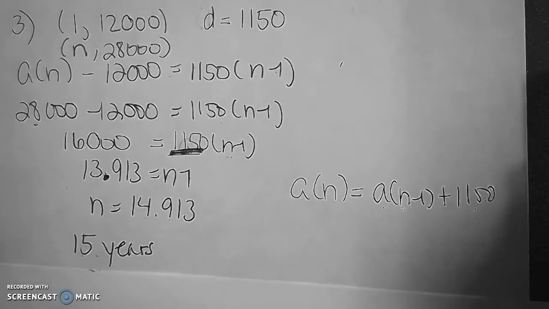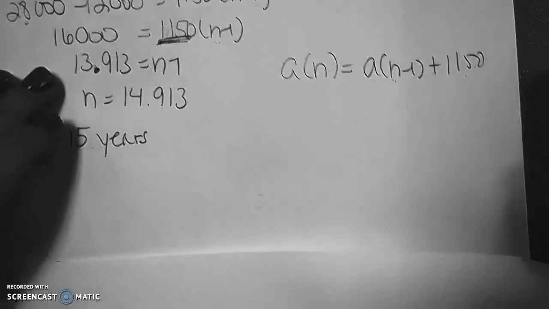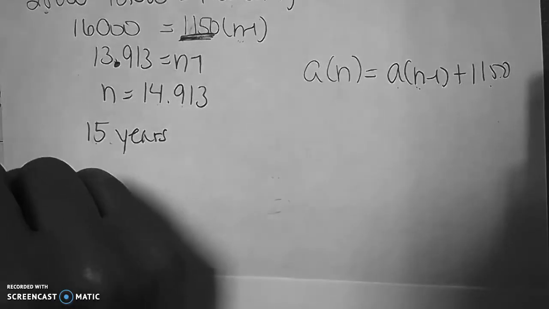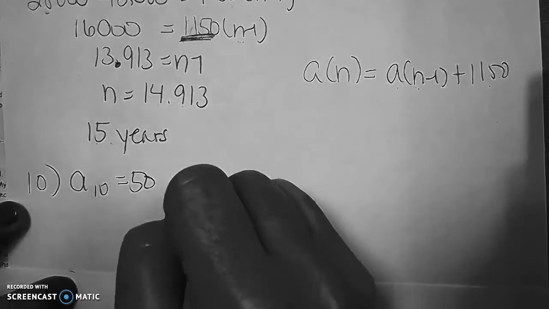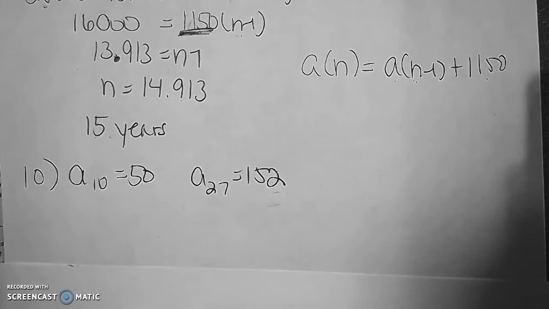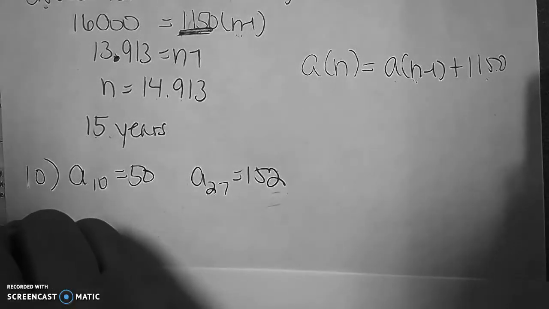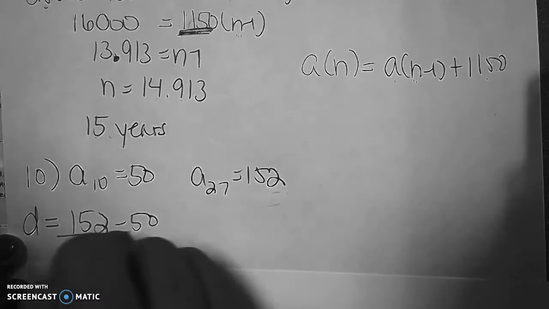The next one that I received a couple of questions about, let's look at number 10. I think it's the answer on the back that is why you guys were asking questions here. As I look at number 10, it tells me it's arithmetic. So I need to find the common difference, the rate of change, the slope, whatever you would like to call that.